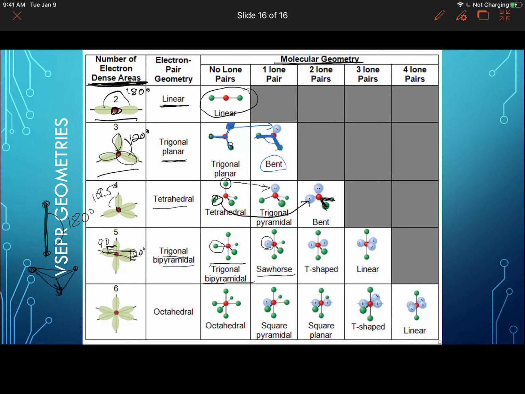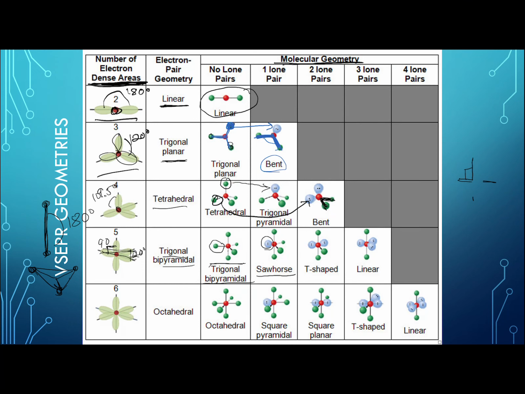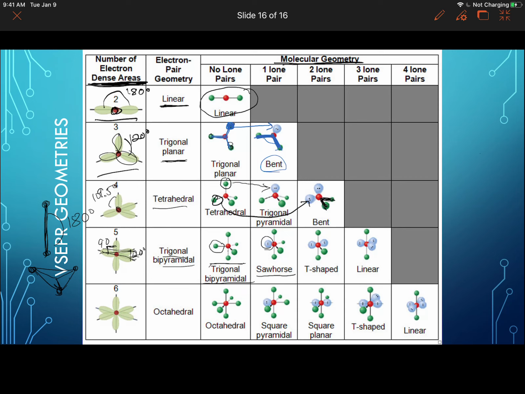And because our axial positions are 90 degrees away from three equatorial positions, so our three equatorial positions, here, here, and here, our axial position is going to be 90 degrees from those right there.